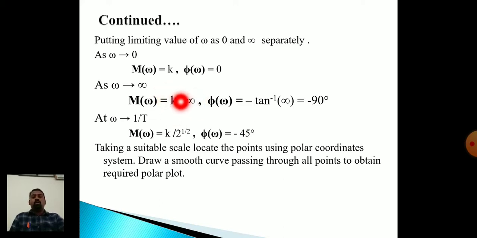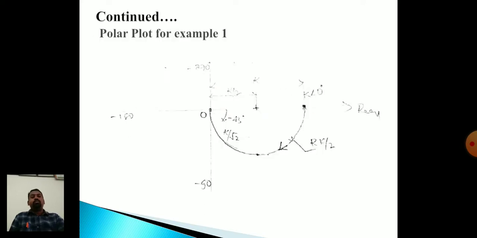Infinity is a very large term, so k by infinity is 0. So M omega is 0, nothing but radius is 0. So what angle? That is minus 90 degree. Phi omega is minus 90. So at minus 90 degree, M omega is 0. This is the first point and this is the second point.